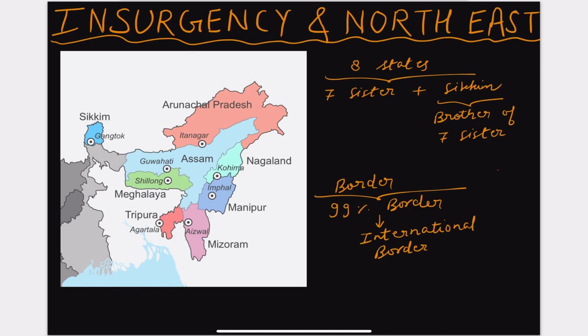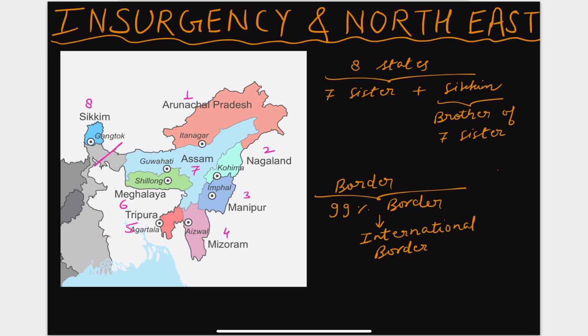Northeast India consists of 8 states: Arunachal Pradesh, Nagaland, Manipur, Mizoram, Tripura, Meghalaya, Assam, and Sikkim. Here you can see that Sikkim is not in continuity with these 7 states. There is a landmass which is separating Sikkim from these 7 states.